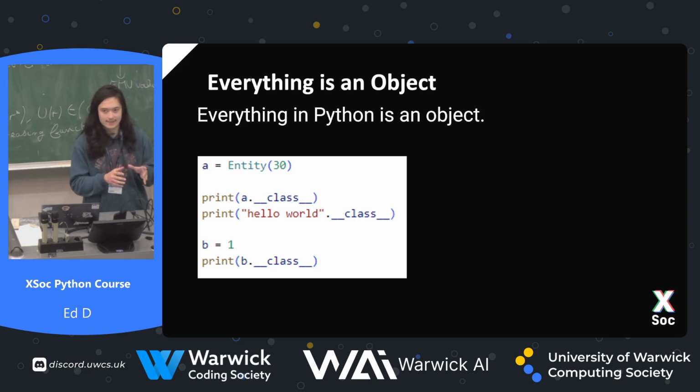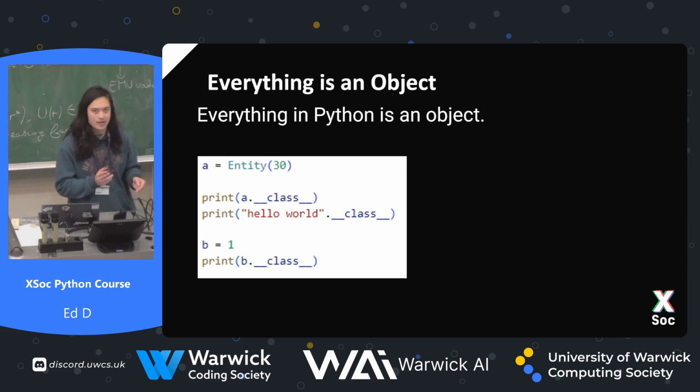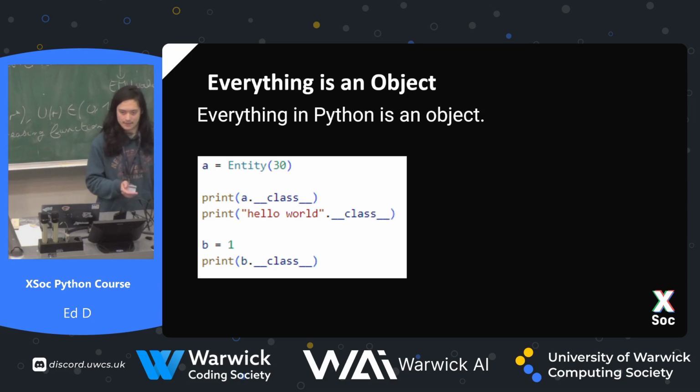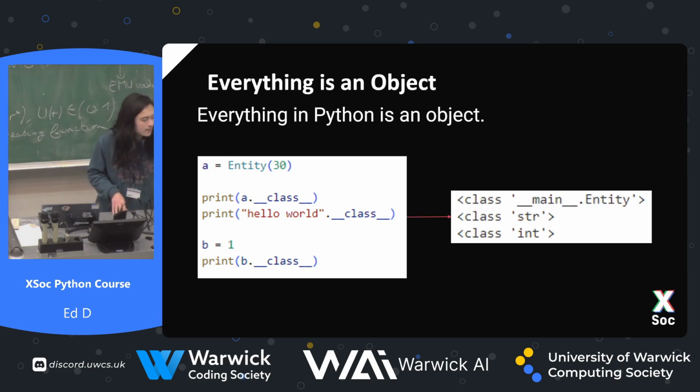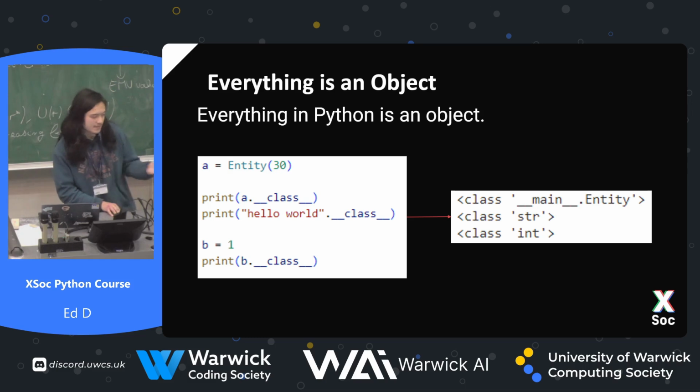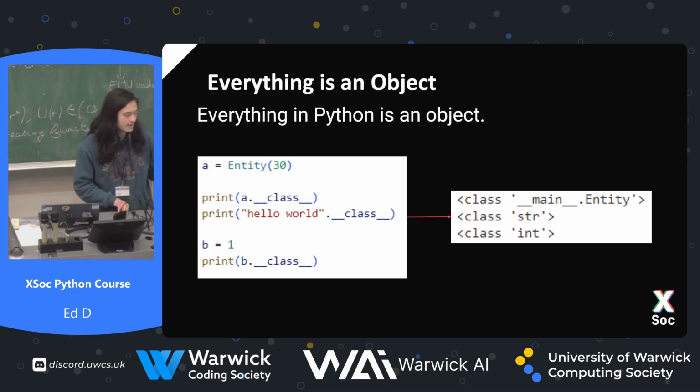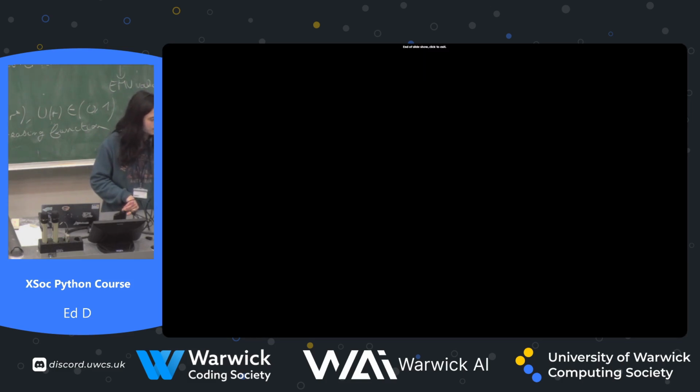You can set underscore class underscore for your objects though if you want to give it a specific readable name. And this is pretty useful because you can compare things and you can check whether a given object is of a certain class. So this is the output, and you can see usually underscore class underscore doesn't have a very readable name. So you might want to give it your own if it's useful for you.